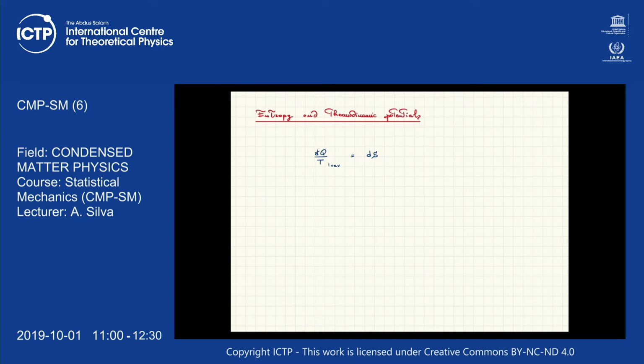And so if you want to compute the entropy at the point B minus the entropy at the point A, it's just enough to choose a path that connects A and B and to integrate dQ over T over this path. It doesn't matter which one it is, as long as you choose a reversible transformation. Now, why is the entropy an interesting quantity?